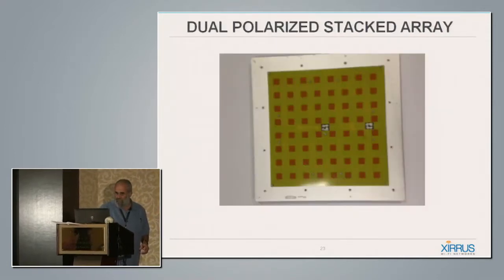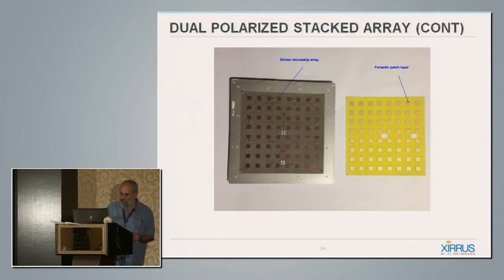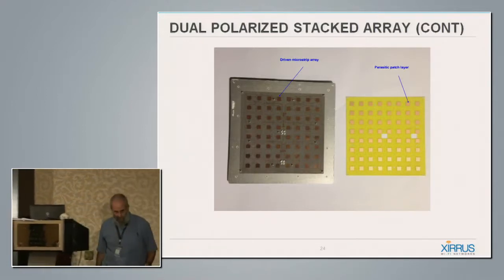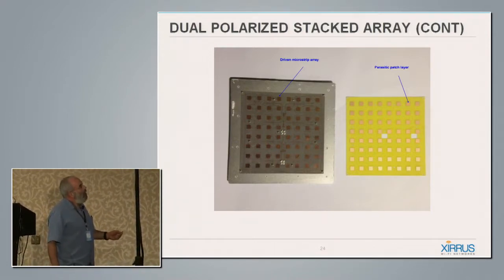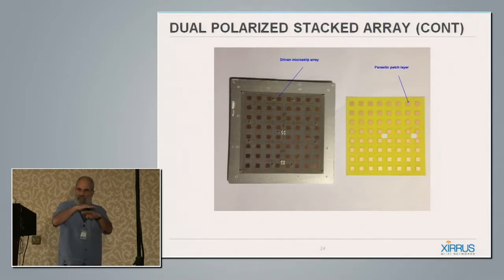So this design is really a stack design. It's made out of two layers stacked above one another. The first layer contains an array of 8x8 microstrip antennas with all the feed network for a dual polarized design. And then you have the parasitic layer, which is spaced at a certain distance above the first layer.